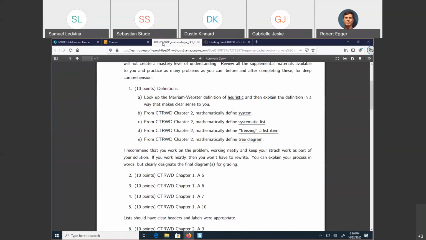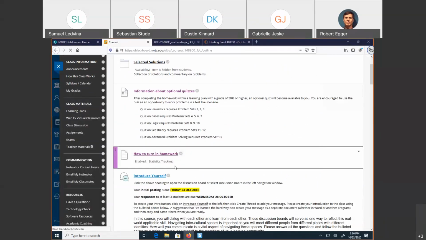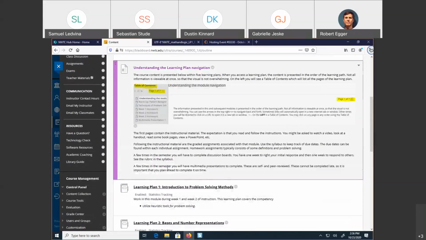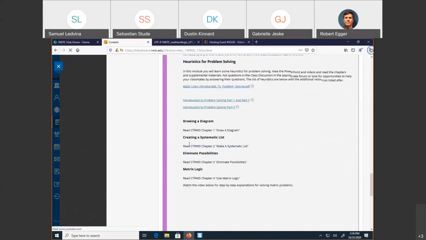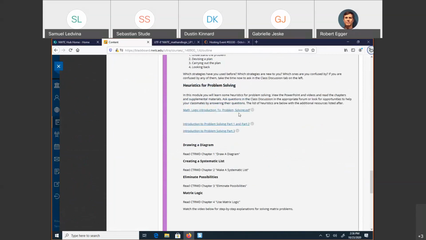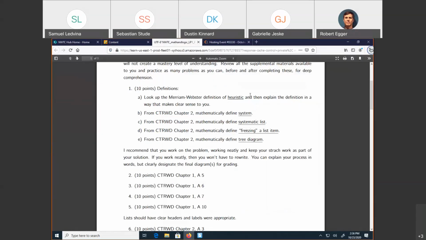So if you haven't gone through those modules for learning plan 1, which is basically these two combined, just page through this one, instruction problem solving part 1 and part 2. You may find the answer to heuristic.